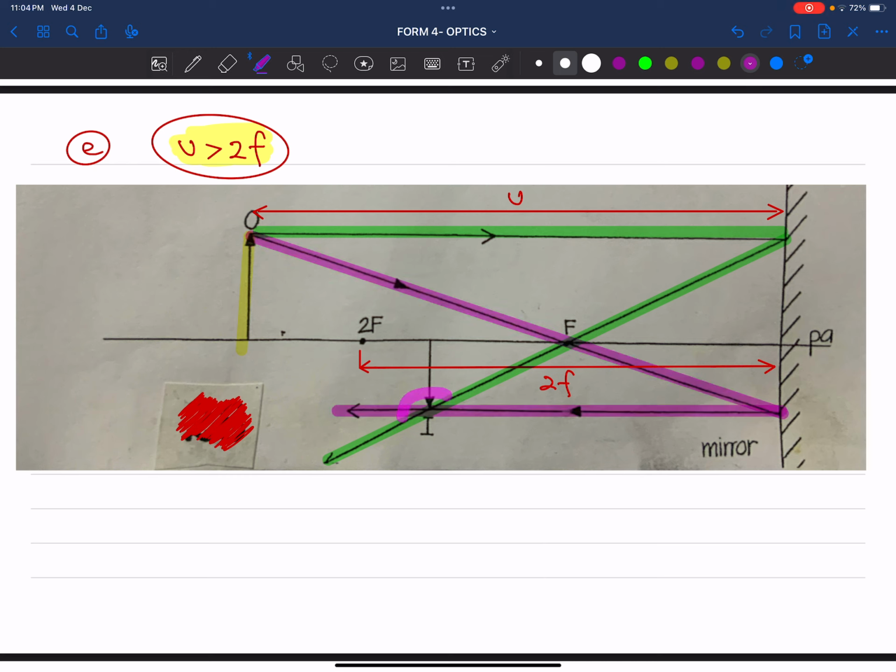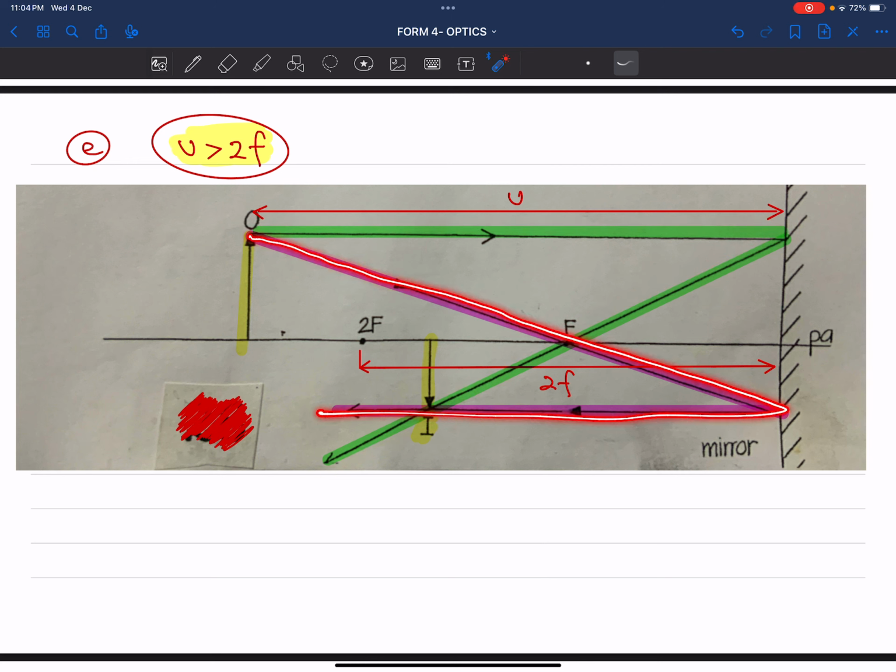Where the two lines intersect, that is where the image is formed. So this is our image. Most of the diagrams are achieved by a parallel light ray going through F, and a light ray going through F becoming parallel. So this is for the case U more than 2F. We are now doing how to draw the image.